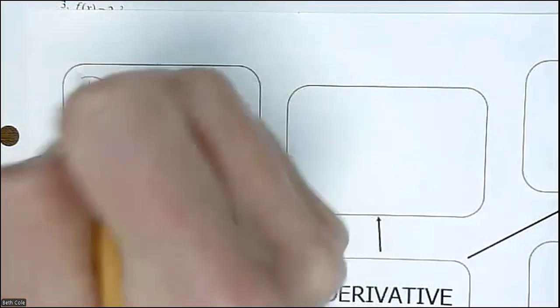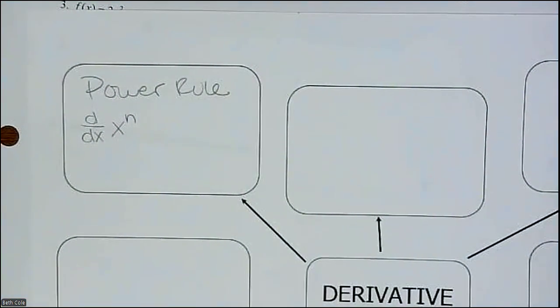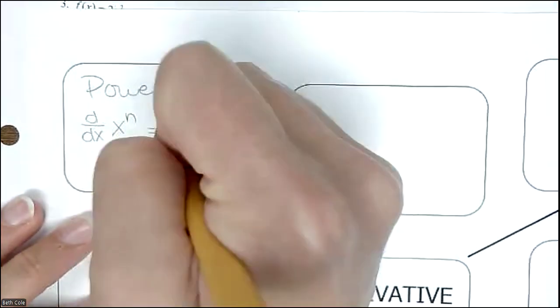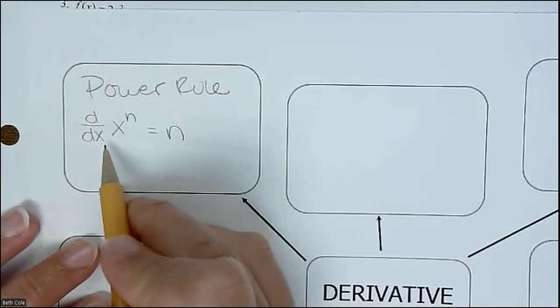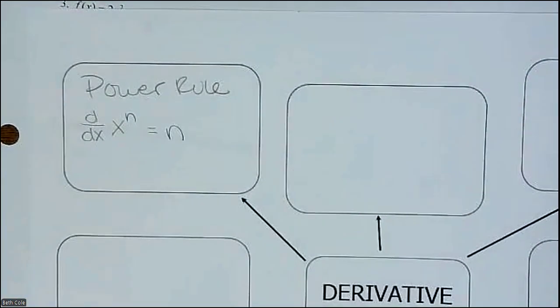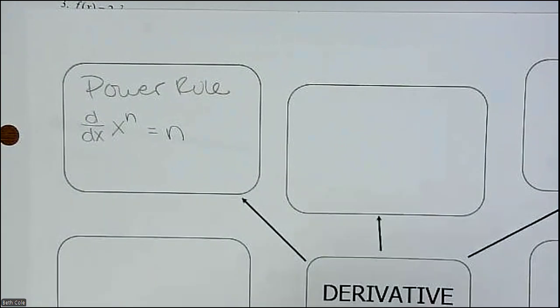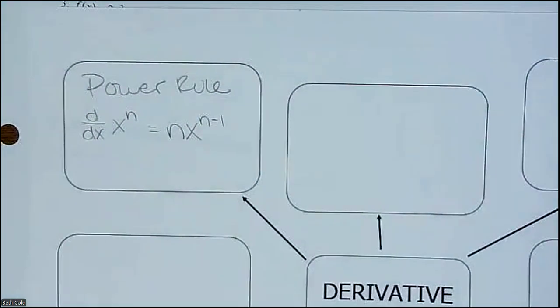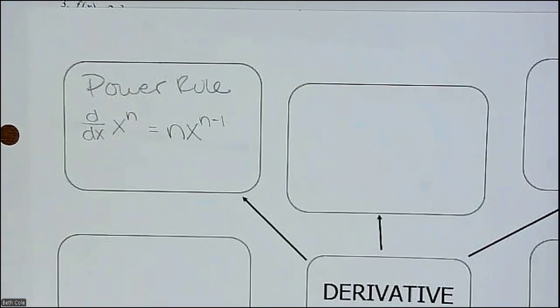So if you have the derivative of x to the nth, and this is going to look weird because it's n, and everything in math looks weird when it's the general formula, and as soon as you put real numbers into the thing, it makes more sense. But what you're going to do is bring that power down, so the n comes down, and then it would be x to the power n minus 1, so you drop a degree.